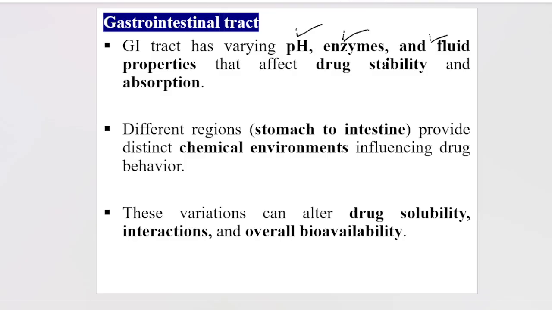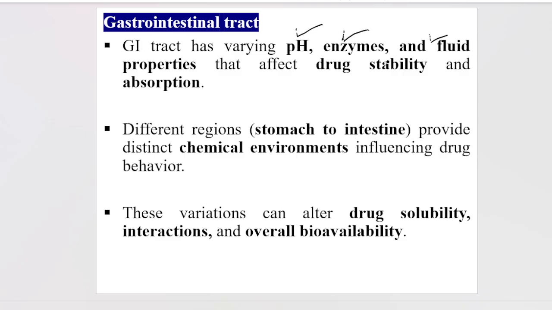In the GIT we have different regions, starting from the mouth, then going to the stomach, and then into the small intestine. All these regions provide different environments that affect drug behavior, including absorption as well as the stability of the drug in the GIT.